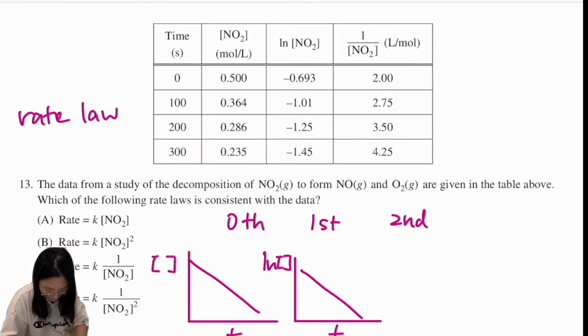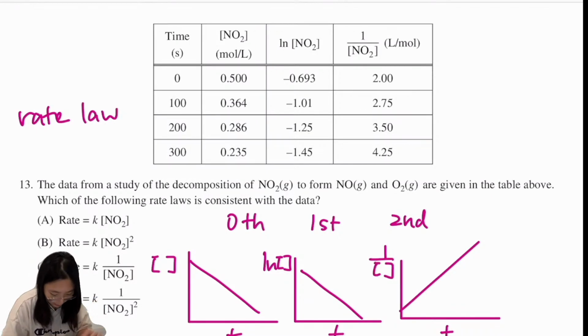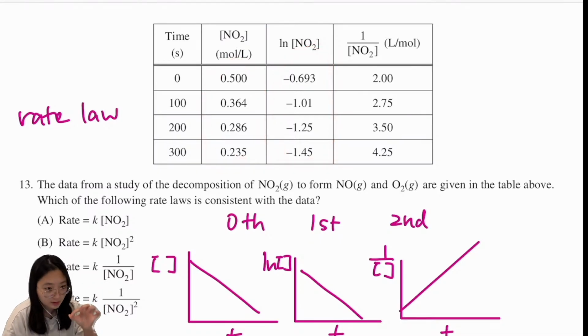For second order, it gives a linear relationship between the reciprocal of the concentration and time. Now, looking at the table, the increment between each of the time data is 100. It's always the same. So I just need to find another group of data which has the same increment between consecutive data.